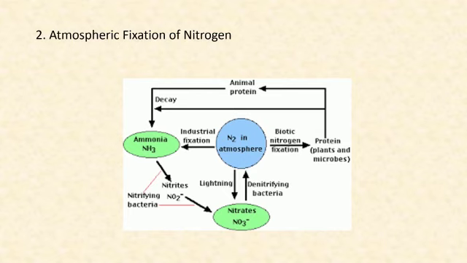Oxidized means chemically combined with oxygen. The nitrogen dioxide dissolves in rainwater and is converted into nitric acid, which gets added to the soil along with the rainwater. This acid reacts with different minerals in the soil and converts into salts. Plants use these nitrogen salts for their growth.